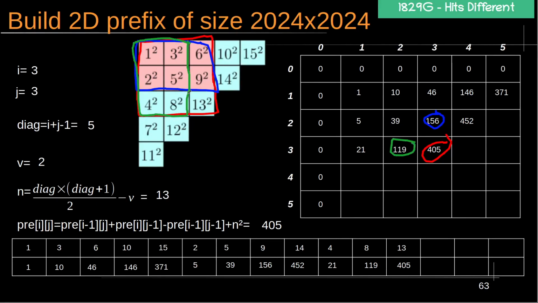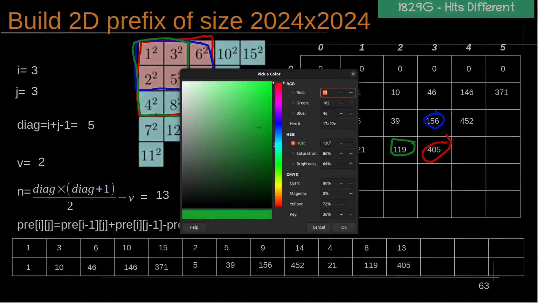But as you see here, this part overlaps. Let's change the color here. Okay, let's make it this color.